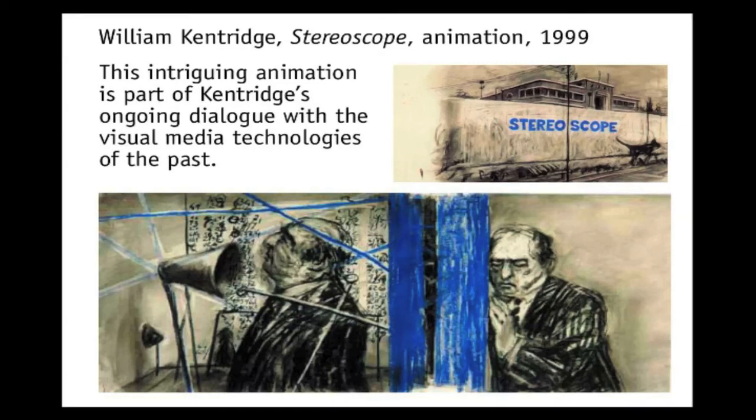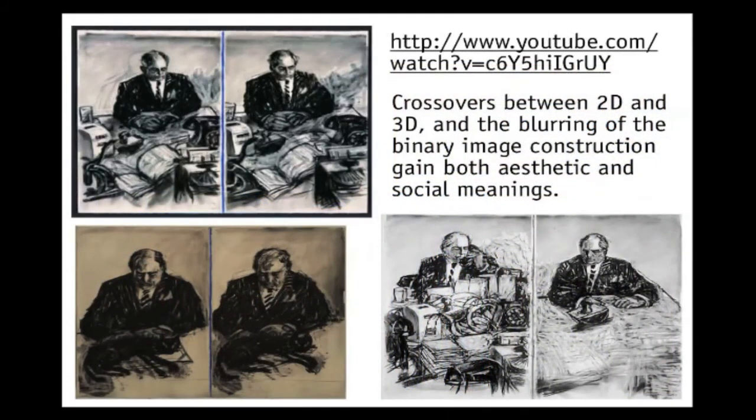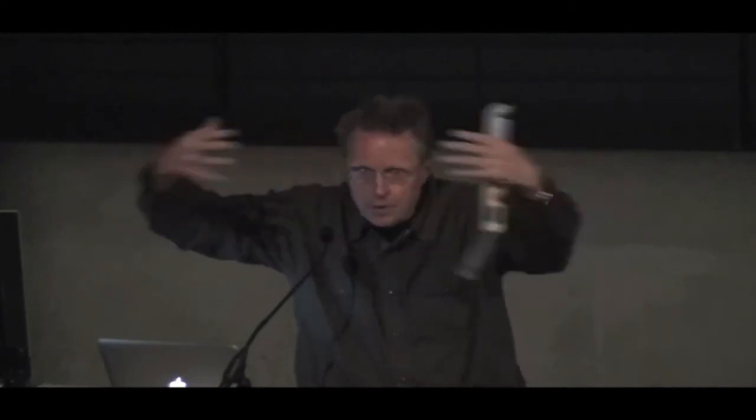It is not meant to be seen by these glasses, but it constantly plays with the idea of a certain kind of stereoscopic divided field where the pictures are sometimes completely identical, but then they start changing and being modified, and there are scenes in which these separations between the left and right eye view is completely taken away. So it's just one panoramic field of vision, and these principles are modified all through the animation.